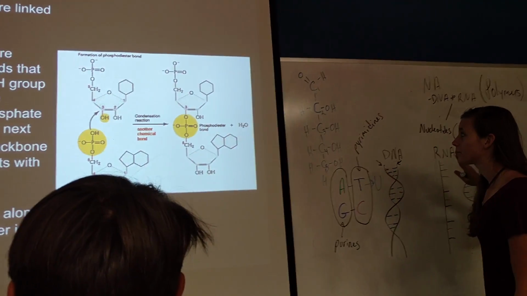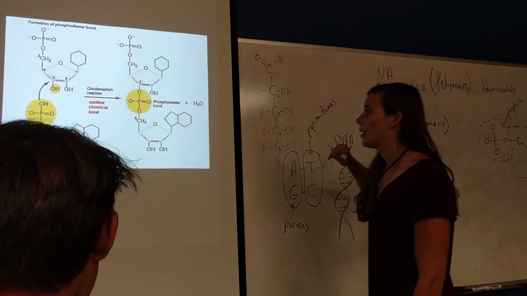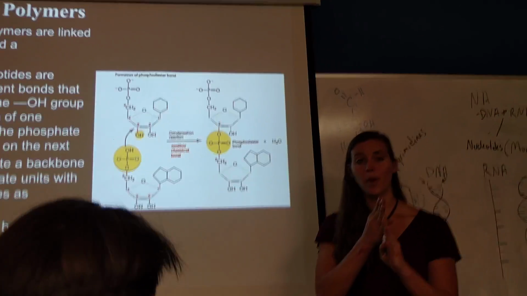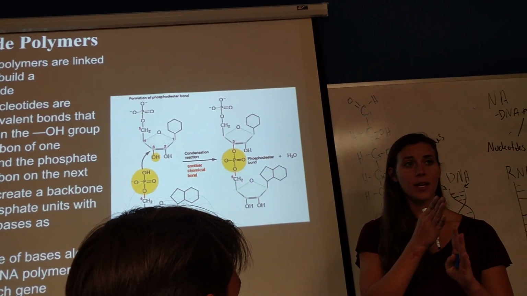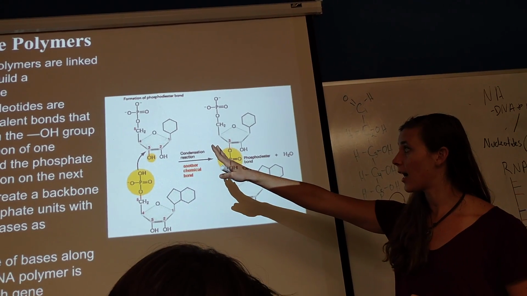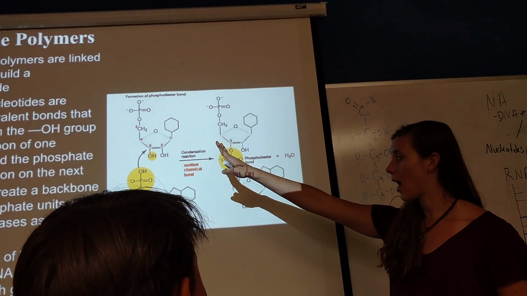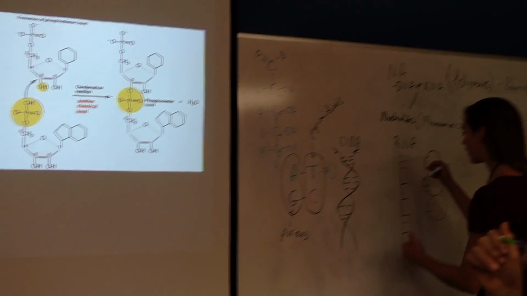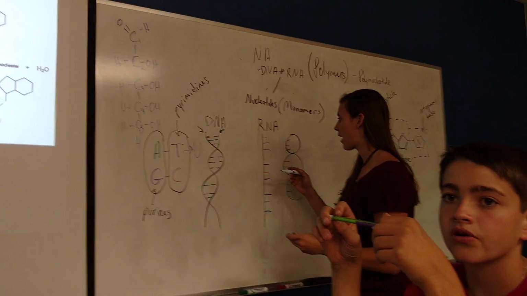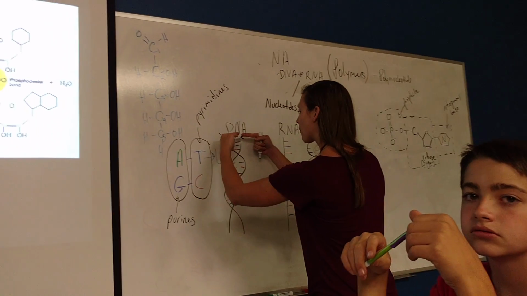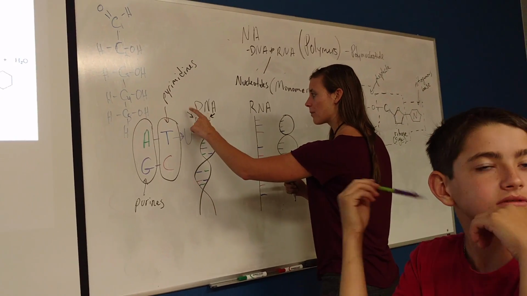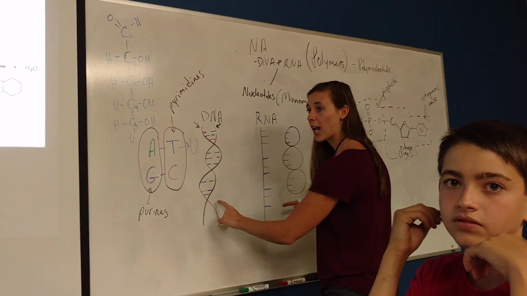The structures that are going to bond together as the polynucleotide backbone: I'm going to have bonds that come together this way, but I also need bonds that come together this way along my chain.